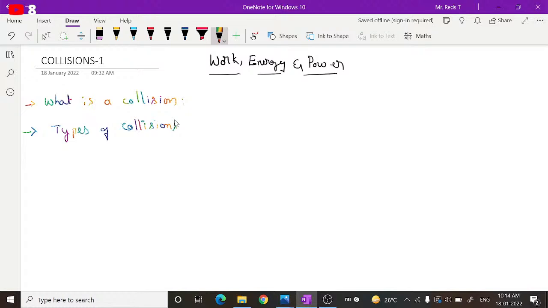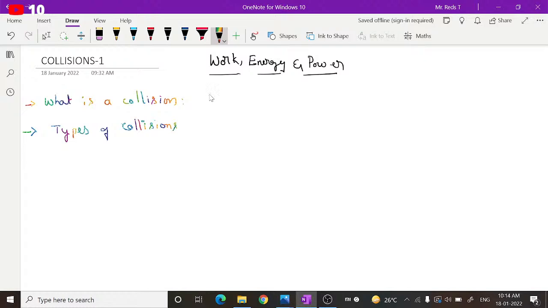This is just like a definition. If anyone has missed that session, you can copy it now. Collision means an interaction between two bodies or among more bodies in which exchange of momentum takes place. Such an interaction is called a collision.